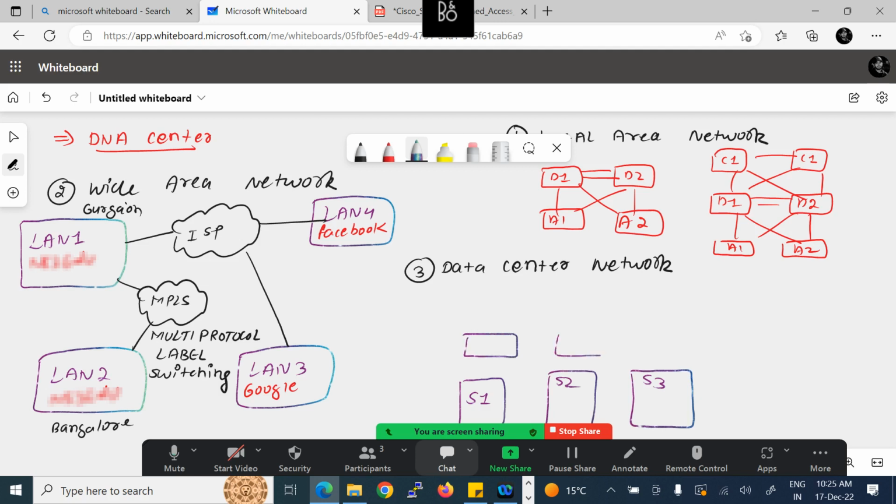Then I have the switches and more switches. Likewise distribution, we have spine switches here. Likewise access, we have leaf switches here. Leaf 1, leaf 2, leaf 3.